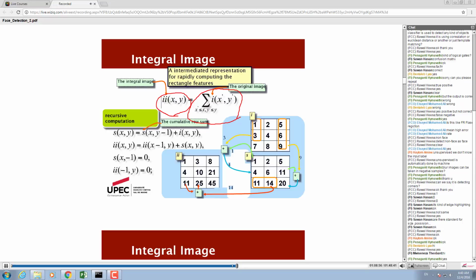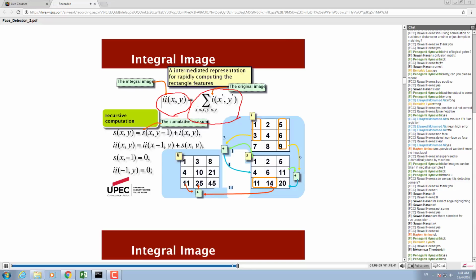So let's see how we can calculate this integral image, the basic concept. By the way, let me ask you: is there anybody already familiar with the integral image? No? Okay. Then let's talk about it in detail.